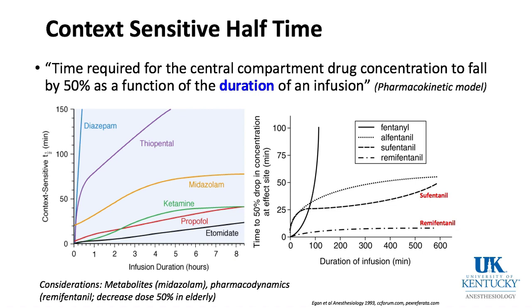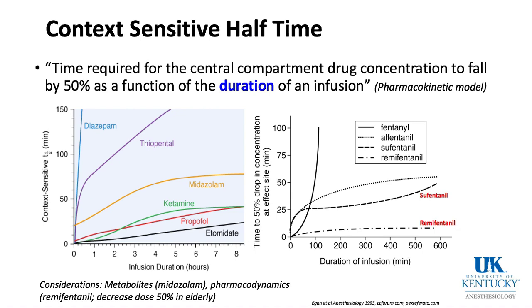And if you look at the graphic of intravenous anesthetics like Valium, thiopental, midazolam, ketamine, propofol, and etomidate, you can see that propofol and ketamine and etomidate have kinetics that are favorable for infusions, because if you shut it off even after 6 to 8 hours, you can see that there's not a big long prolongation of its time to drop 50% of its drug concentration in the central compartment, as opposed to Valium.